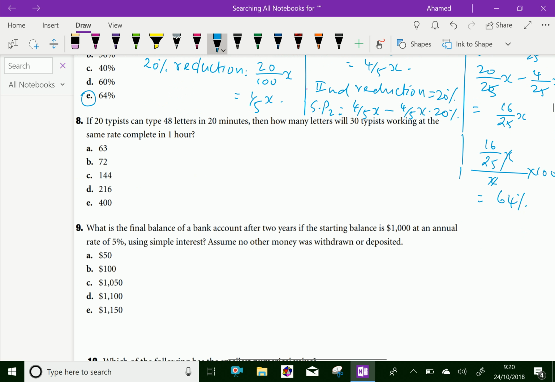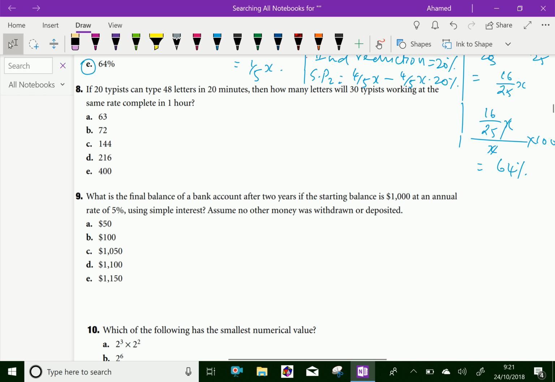Now question number 8. 20 typists can type 48 letters in 20 minutes. Then how many letters will 30 typists working at the same rate complete in 1 hour? Here 20 typists can type 48 letters in 20 minutes.